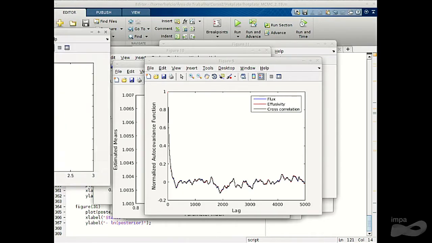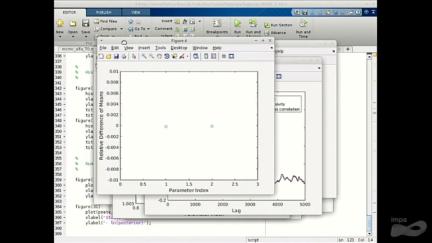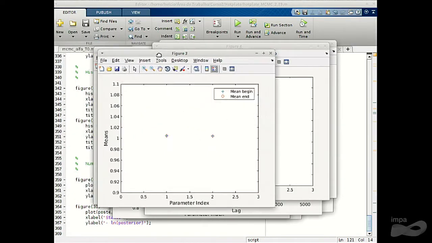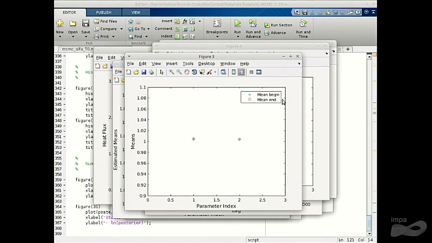Okay? This is the analysis of the convergence. This is the difference between the means at the beginning and at the end of the Markov chain. You see that this is very small, which is kind of represented here too, okay? So this is the mean at the beginning and the mean at the end of the Markov chain.